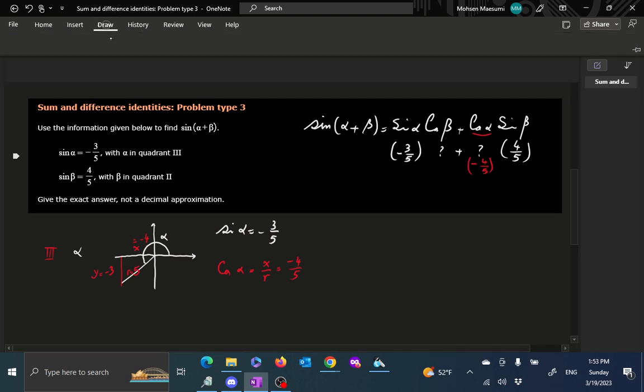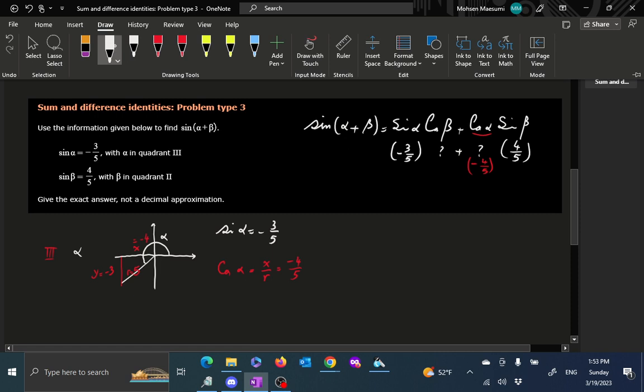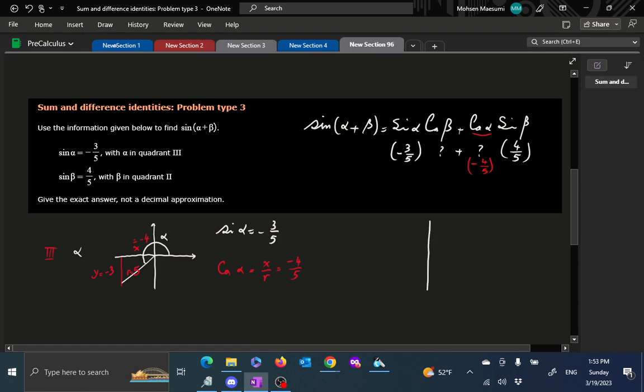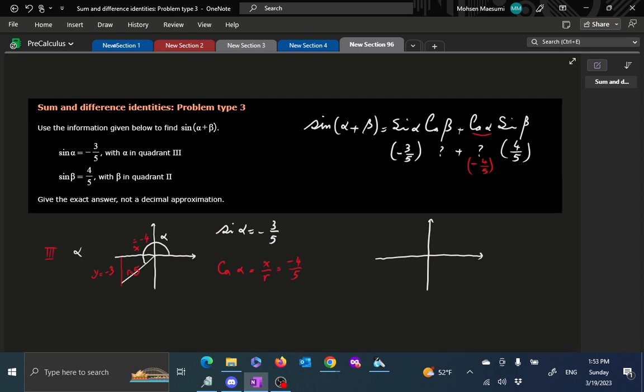Let's repeat the whole thing with respect to the other angle. For beta, we know we are in quadrant 2, so we are here. This is the picture for beta. This is some angle beta. Its sine is 4/5. So what does that mean?